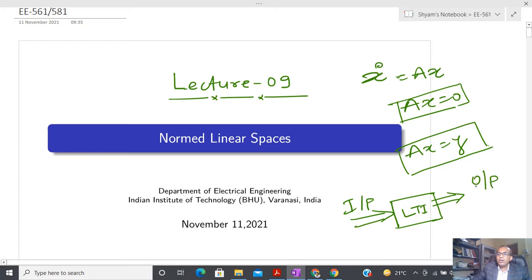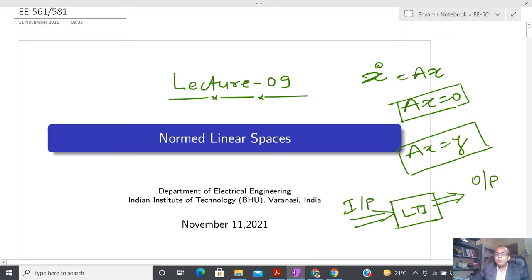Bounded output, sir. Bounded output. So now we are talking about bounded input and bounded output. So the first important point is how to define bounded input and bounded output. In vector space I don't have such a notion such that I can define boundedness.